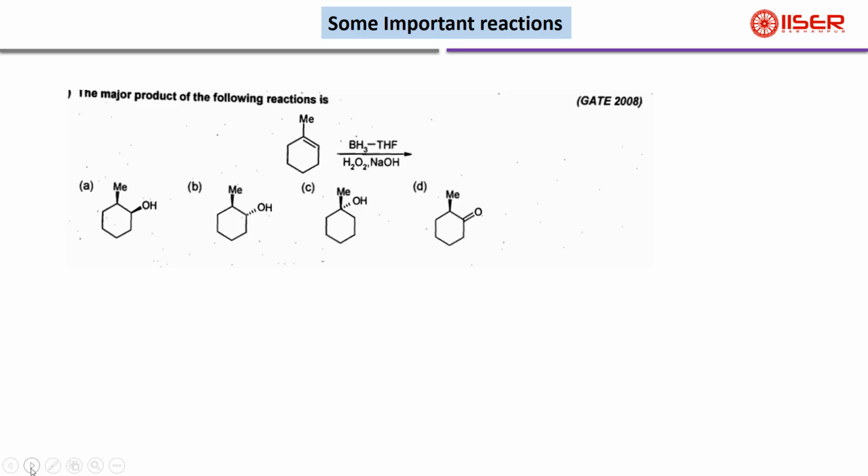So in the last class I have already discussed the hydroboration of double bonds, how this takes place. So based on that, can anyone approach this question? This question came in GATE 2008. They have asked which is the major product formed in this reaction.